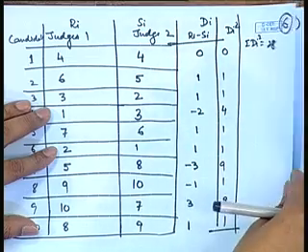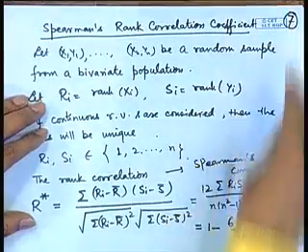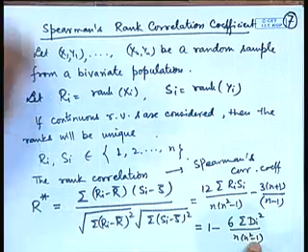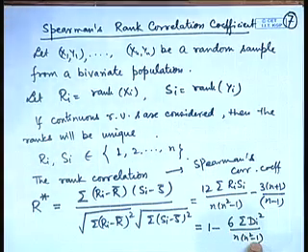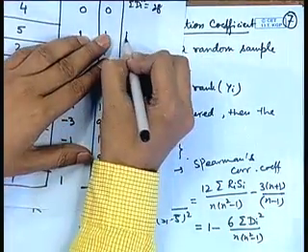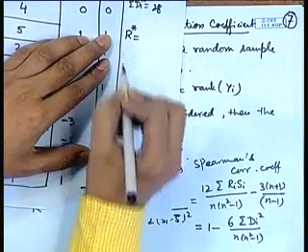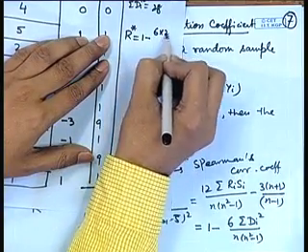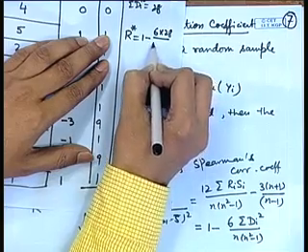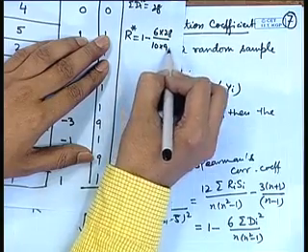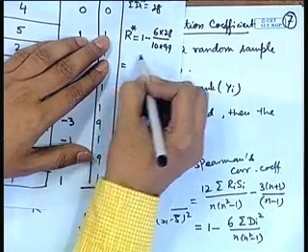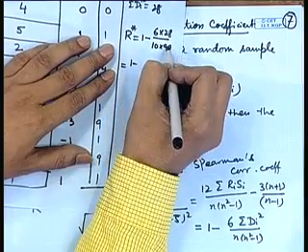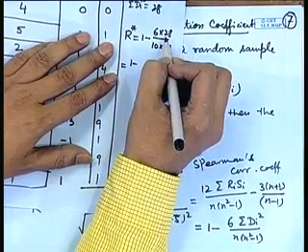So, now if we substitute in this particular formula, that is 1 minus 6 sigma Di square divided by n into n square minus 1, the value of R star is equal to 1 minus 6 into 28 divided by 10 into 99, which can be simplified a little bit.